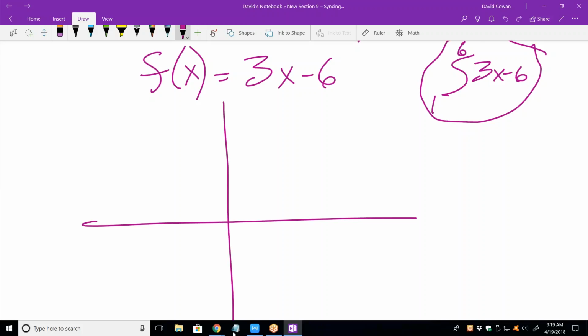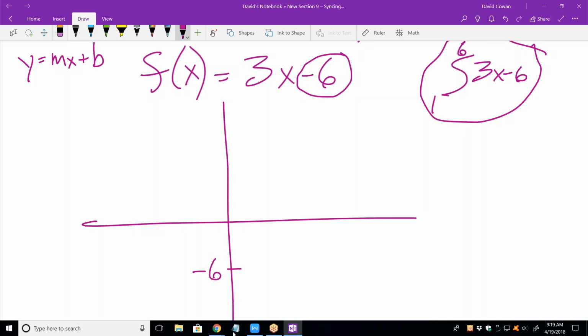It's linear, right? Yeah. Where's the y-intercept? It's at 6. No. y equals mx plus b. That's the slope-intercept format. It's at minus 6. Oh, yeah, it's minus 6.